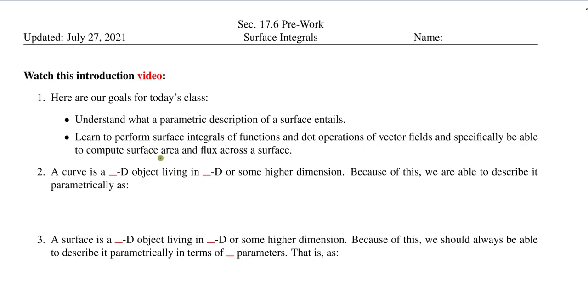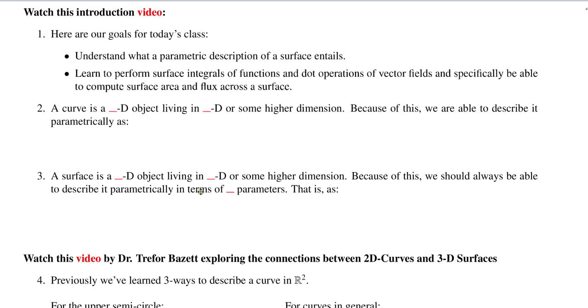Before we do that, let's be a little bit more careful about what we mean by a surface, even though we've looked at them quite a bit in this class. The first thing I want to say is that a curve, which we've studied, is a one-dimensional object which lives in either 2D or in some higher dimension.